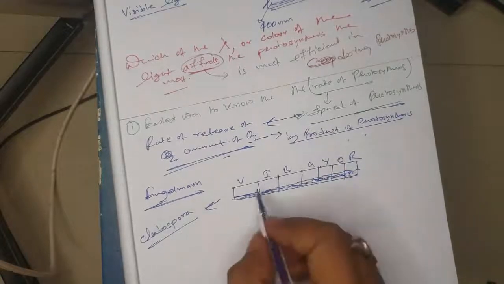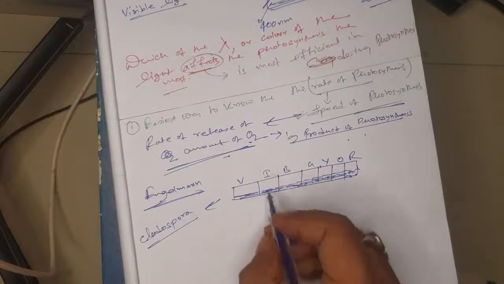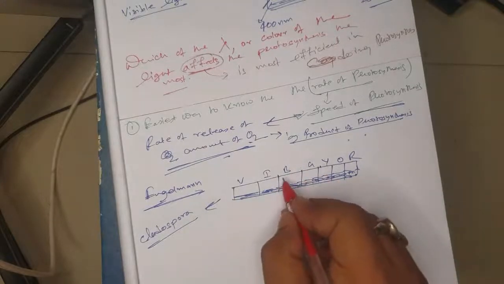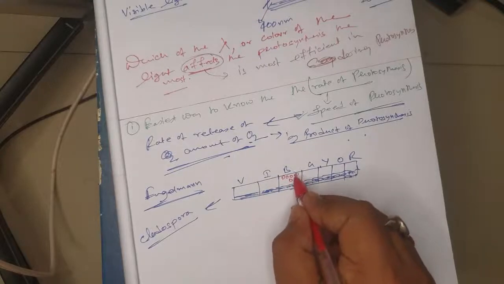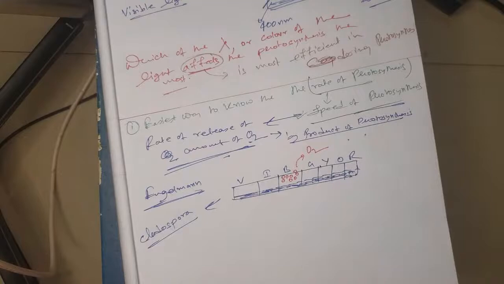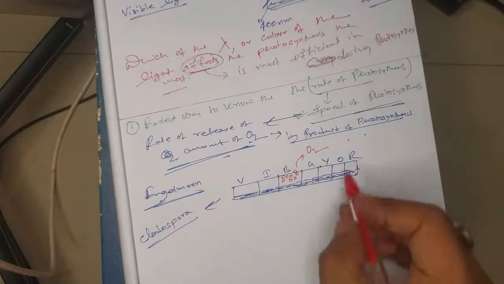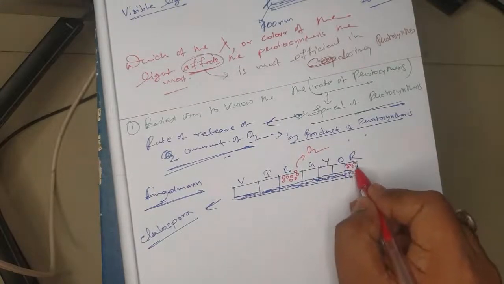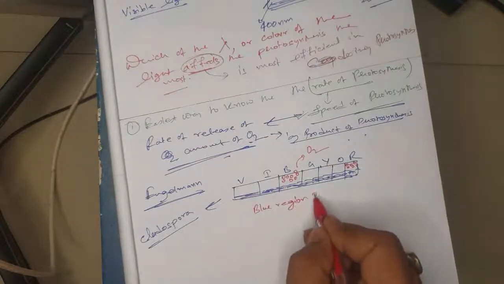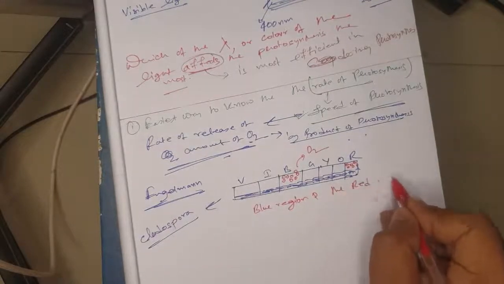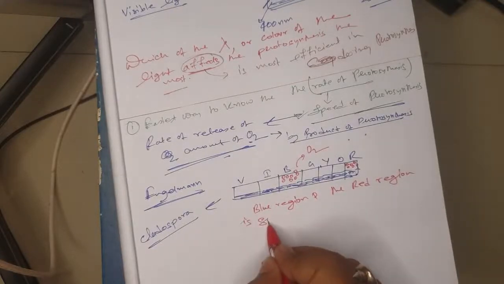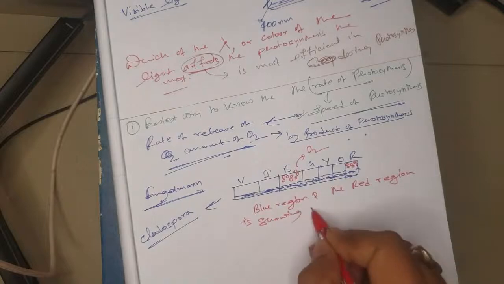Obviously he saw that in the blue region there was more bubbling. Bubbling means what? Oxygen gas is releasing, that's why it is bubbling. And there was more bubbling in the red region. So the blue region and the red region are showing more bubbles.